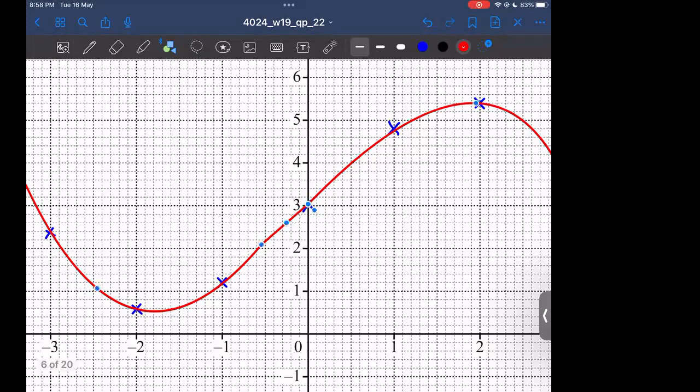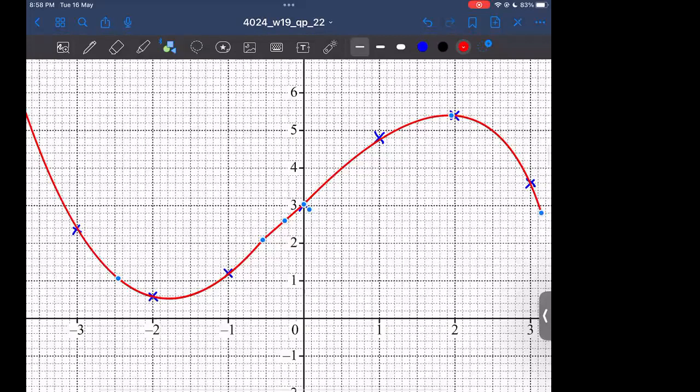All right, so we have got this graph now. This is a cubic graph.